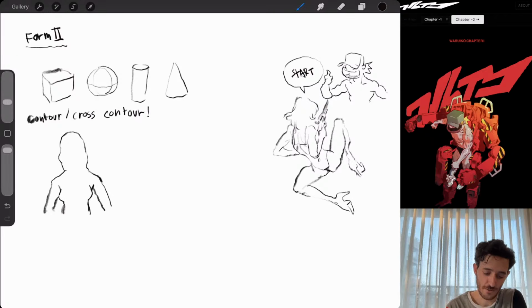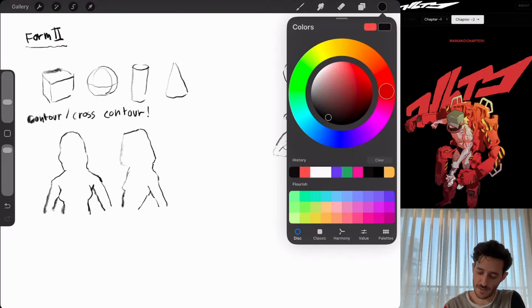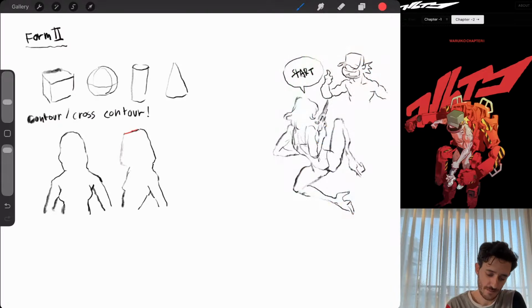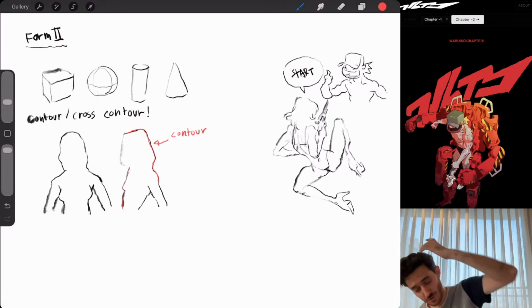And you can do it from multiple angles without showing any of the inside of the person. And that silhouette, this line going across here, all of this is what we call the contour line. It's basically the stroke.